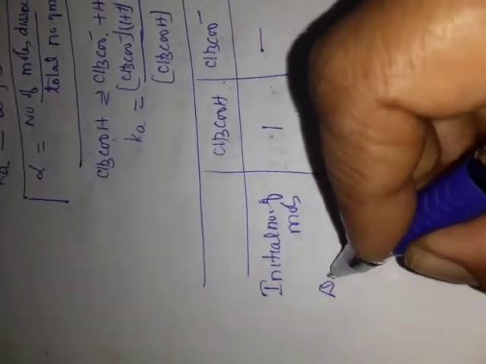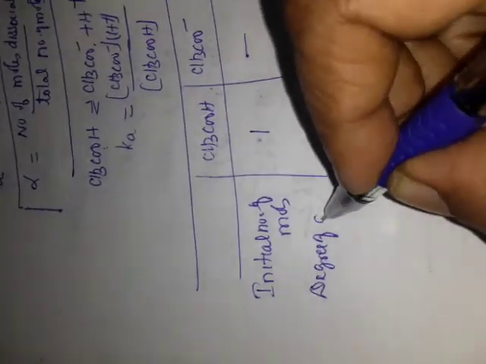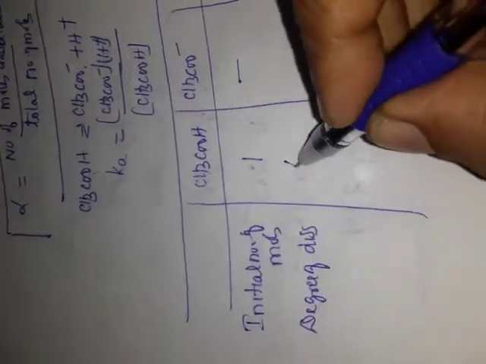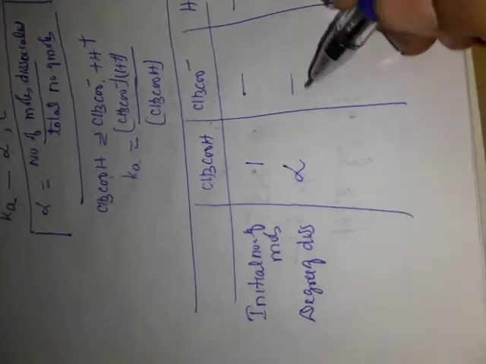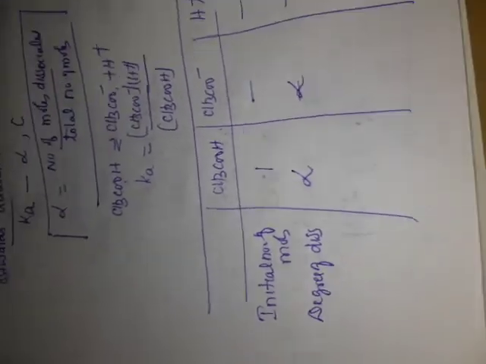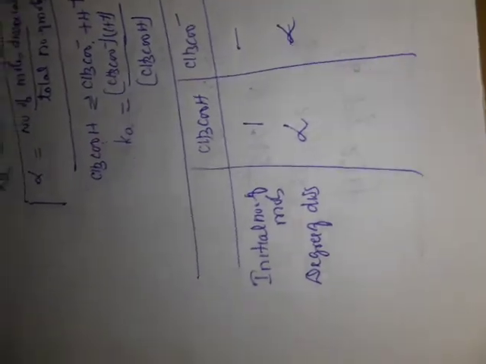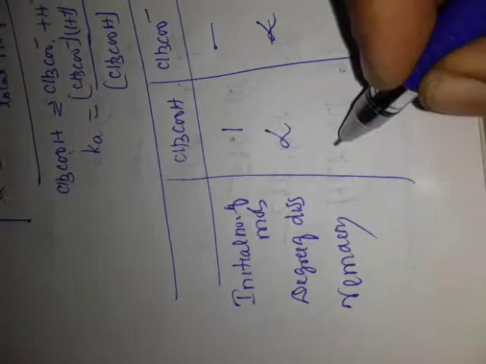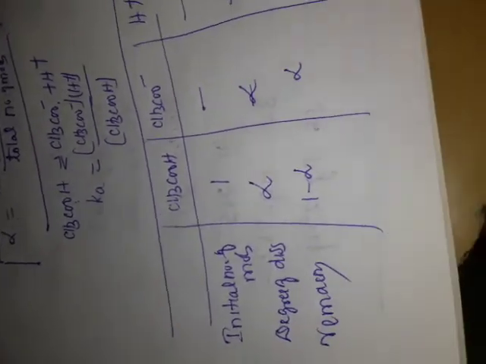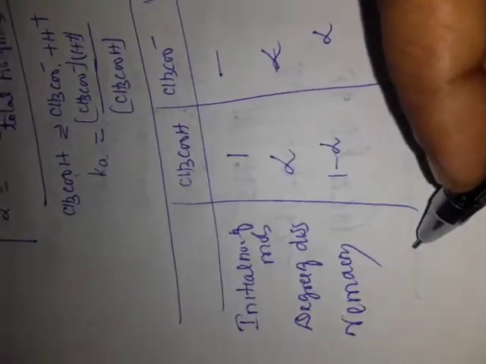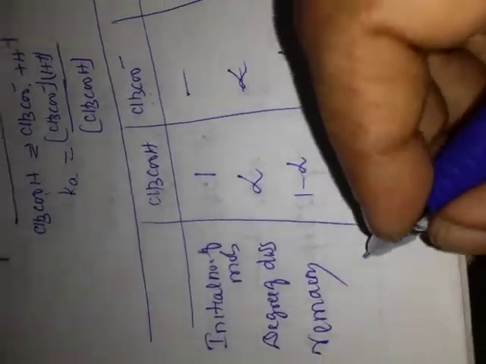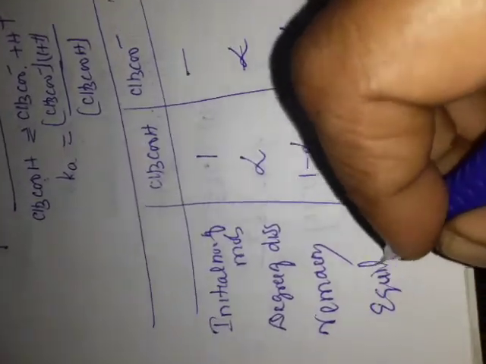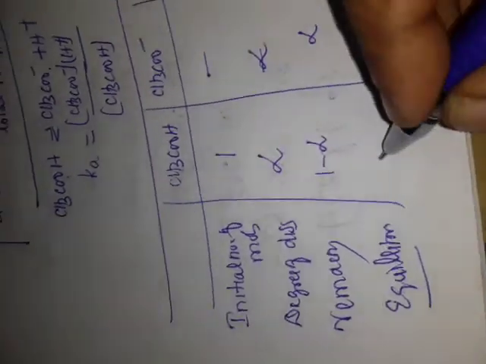Next, the degree of dissociation alpha gives alpha, alpha. Now what is the remaining number of moles? 1 minus alpha, alpha, alpha. Then the moles at equilibrium concentration: 1 minus alpha into C, alpha C, alpha C.